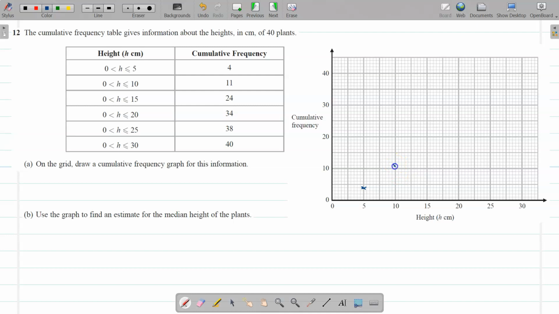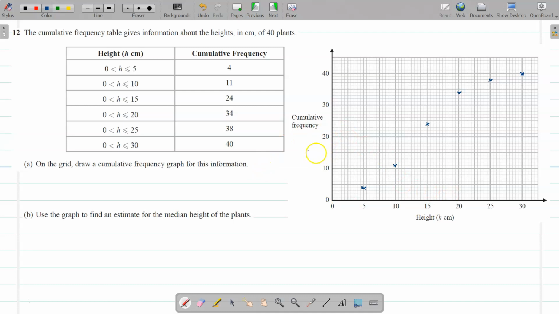At the end point of the next one, we plot 24. Okay, and so on. Try and be as accurate as you can. The next one is 34, and that's at the end point of 20. 34 is there, and then we go to 38, which is here, and finally 40 at 30 there.